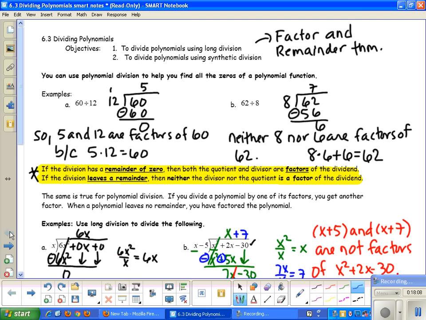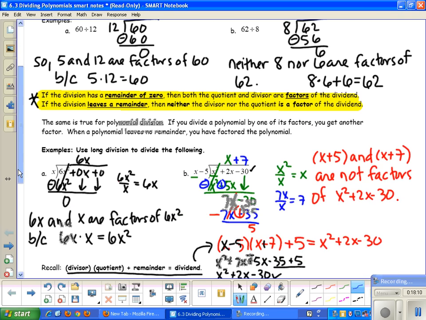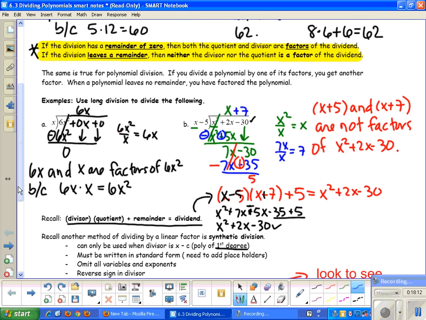If I go back to my first page here, let's look at B here. If I look at B, that means if I were to do p of 5, that means if I plug in 5, remember our remainder was 5, that means I should get 5 out when I do p of 5. So if you test that theory, you would have 5 squared plus 2 times 5 minus 30, and you'll notice that you get out that 5 that we have there.